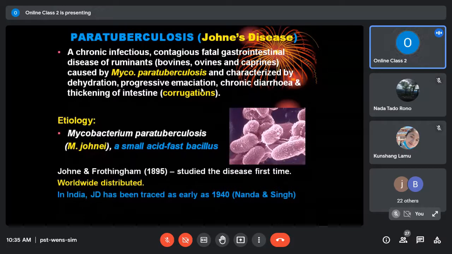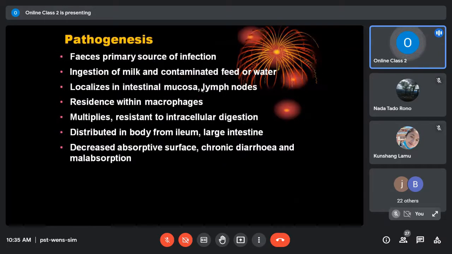As I have already mentioned, the etiology is Mycobacterium paratuberculosis, also known as Mycobacterium johnei. This is another acid-fast bacillus, right? Regarding pathogenesis, the main source of infection is the feces coming out from the infected animal, or the milk excreted from the affected animal.